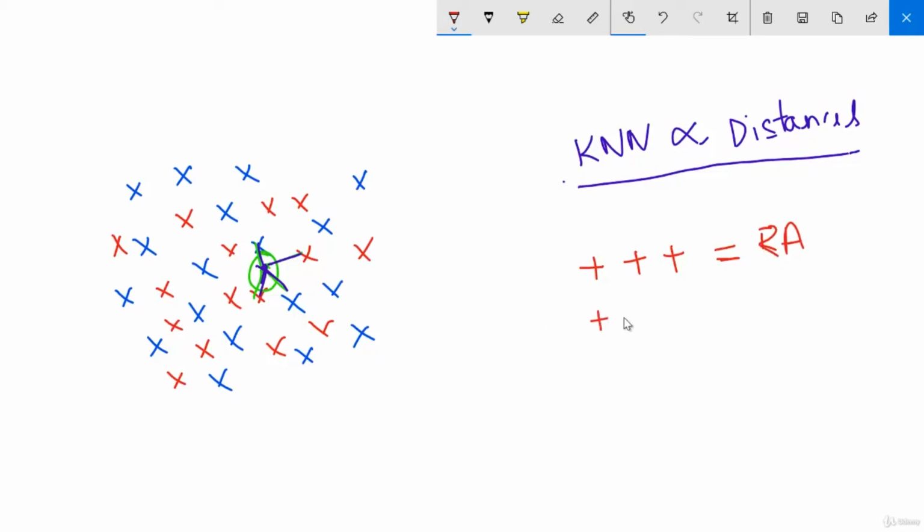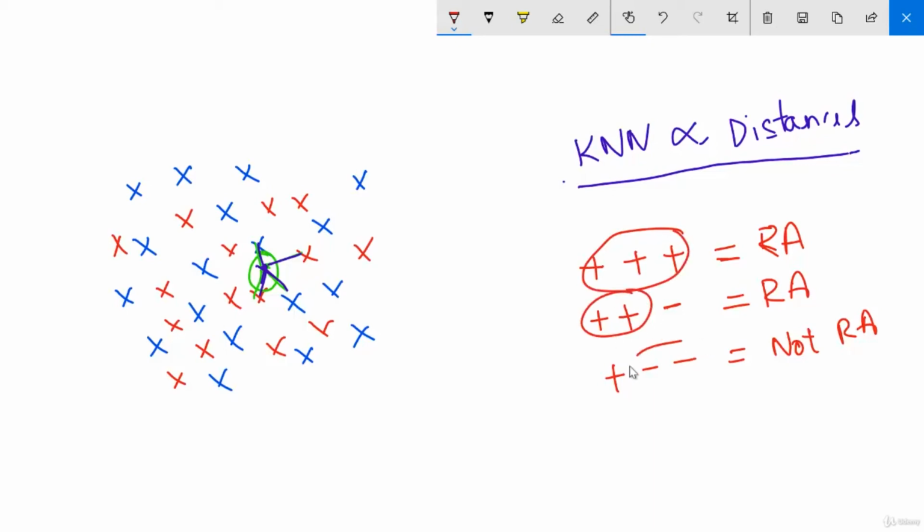But what if these are the crosses you can take, and one is negative, and another one again in the red area, and this one is in another area, not the red area. So that's what I'm going to tell you, majority wins. Majority is winning here. So again, not the red area. This is just an example of how it works.